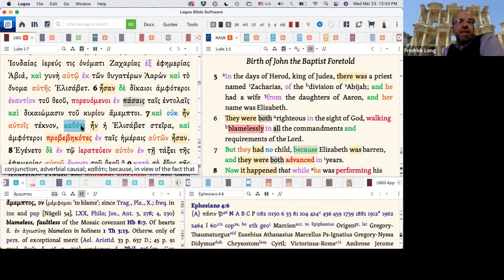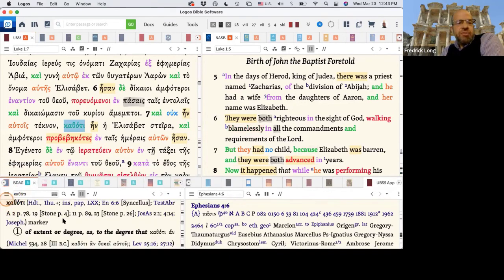It's very Lucan, apparently, and only. It's more marked, and kata indicates a standard, so it's like a combination of kathos and hoti. Kathos is according as or just as, and then you add hoti.